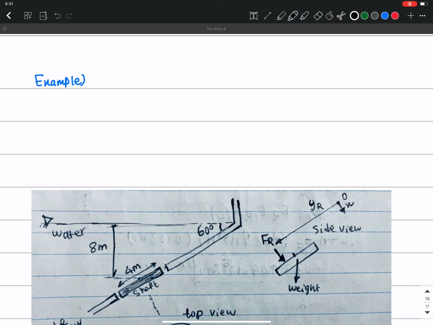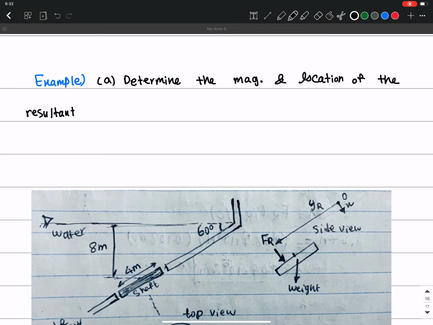The question asks us to determine the magnitude and location of the resultant force on the gate by the water.